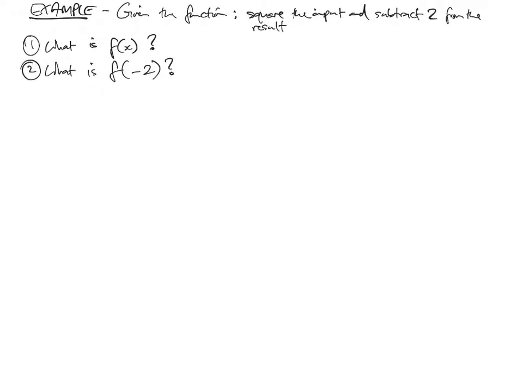So the answer to 1, f of x, where x is the input, is going to be x squared, take away 2 from whatever that is.